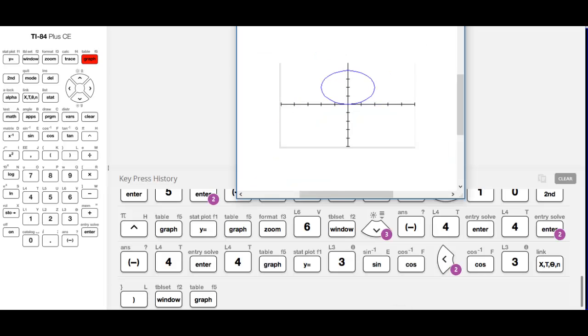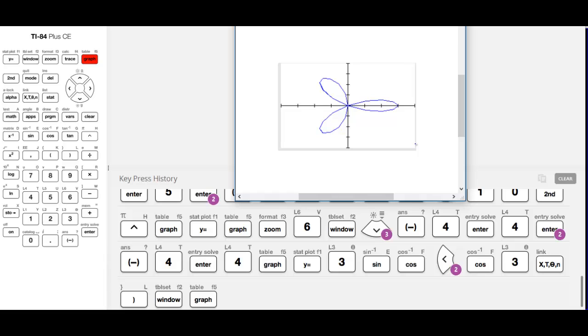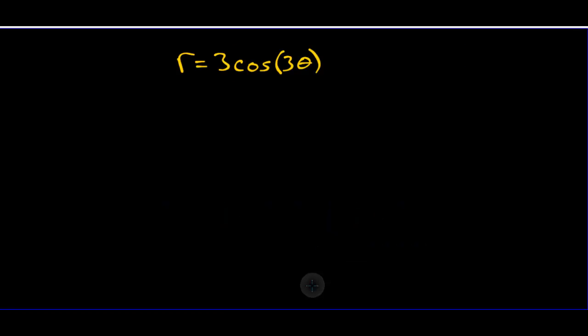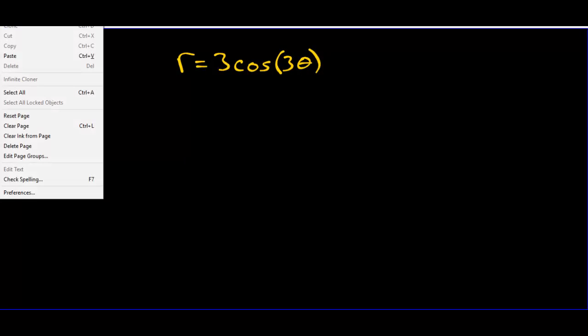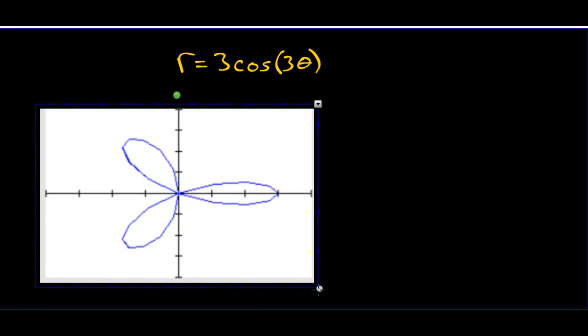Now, let me cut that out and put it in. Okay, so let's take a look at this. Okay, so this is what we want. Here's what I'm interested in: the area of this petal right here.